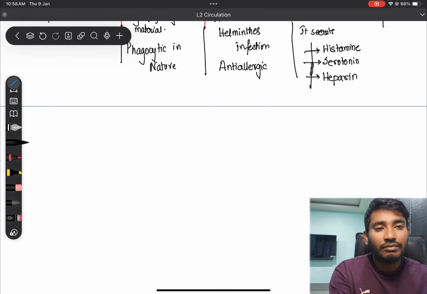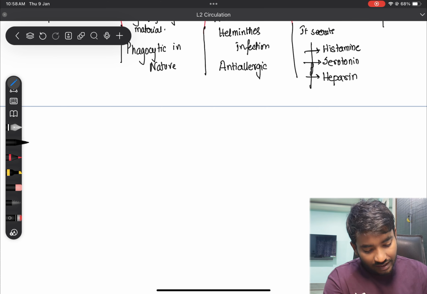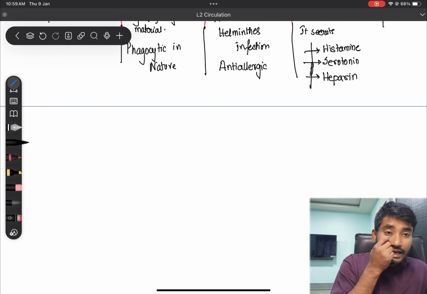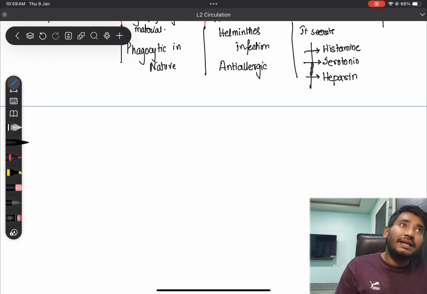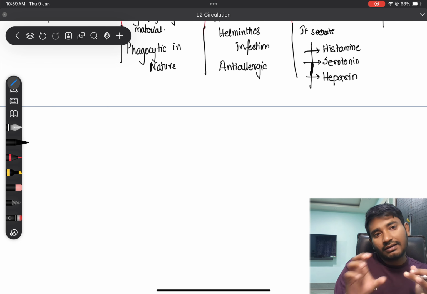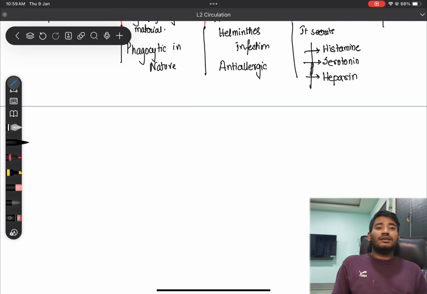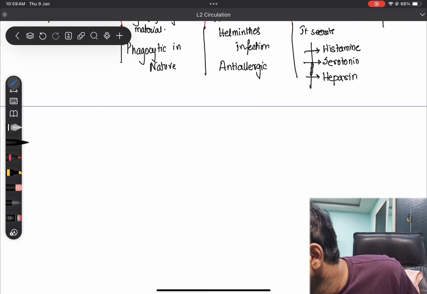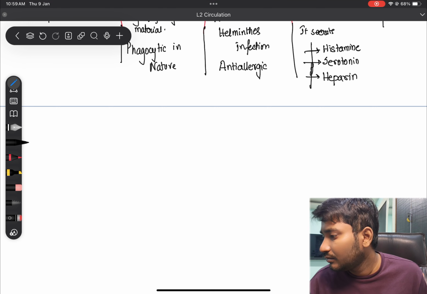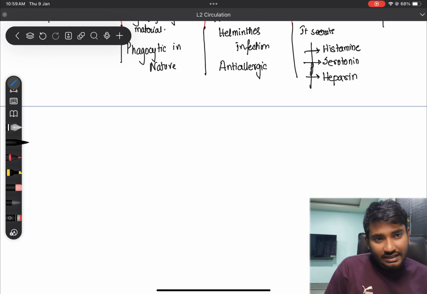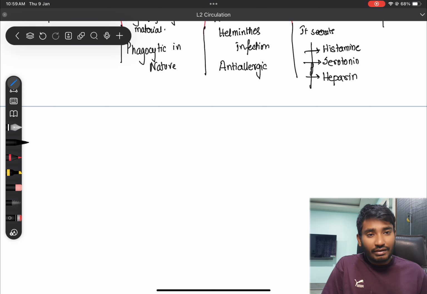Now we come to the next part: inflammation. Inflammation means redness, swelling and warmth. These three characters are generally considered as inflammation.